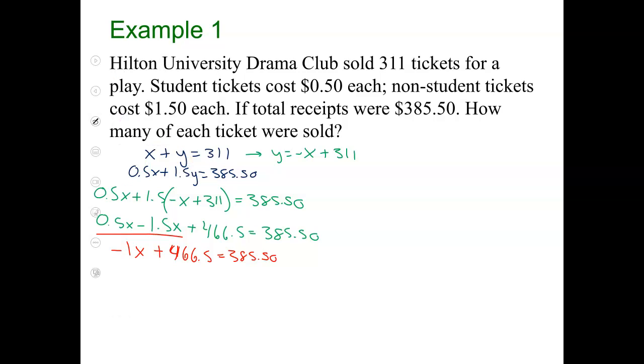Now what? Subtract 466.5. Negative x equals negative 81. So what does x equal? 81.